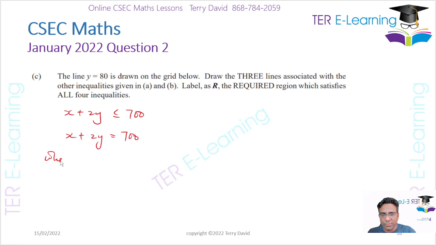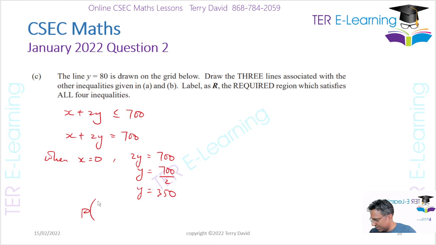So when x is equal to 0, 2y is equal to 700, so y is equal to 700 over 2, so y is equal to 350. Therefore this point here is going to be 0, 350. That's the point that I'm going to plot.